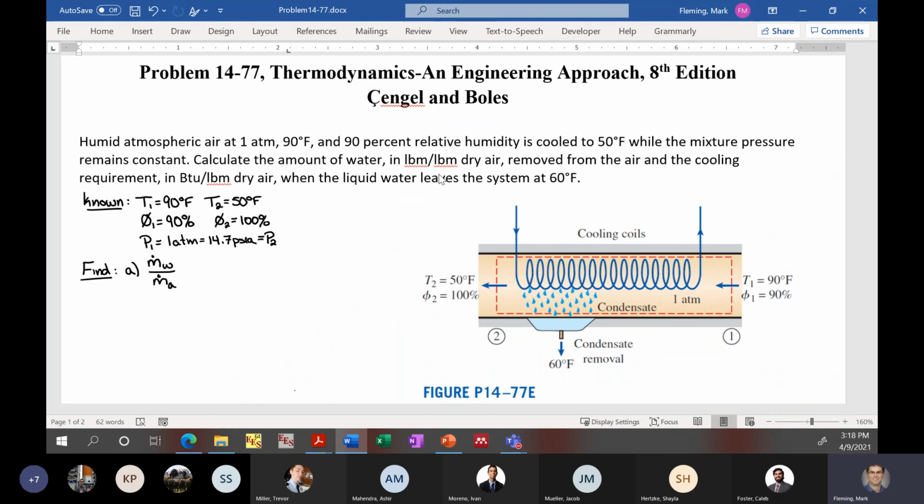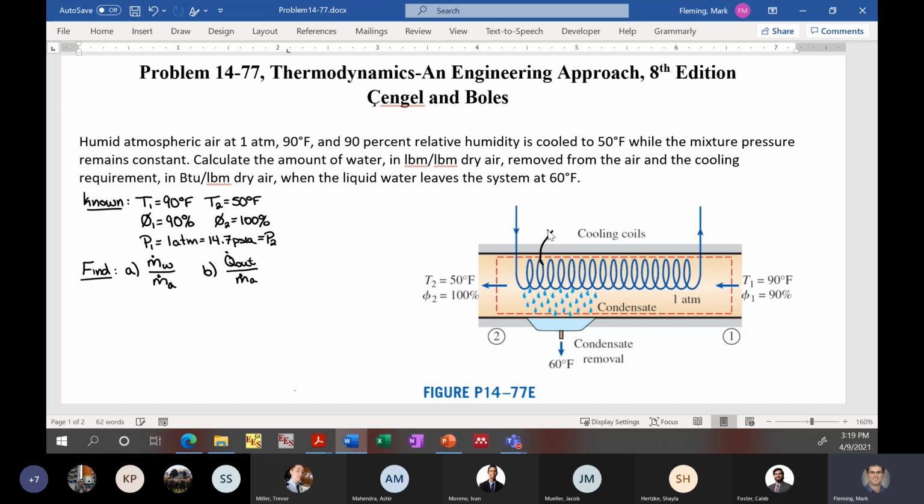Even though it says pound per pound, we'll note that it's pound per second over pound per second, and the seconds will just cancel out. That will be the first thing that we're looking for. The second thing we were asked to look for is the heat transfer out of the system, so Q dot out, divided by the mass flow rate of the dry air. That gives us BTU per second divided by pound mass per second, and so we get BTU per pound mass.